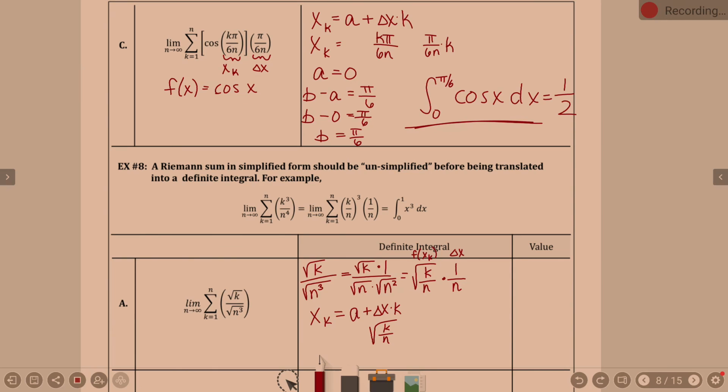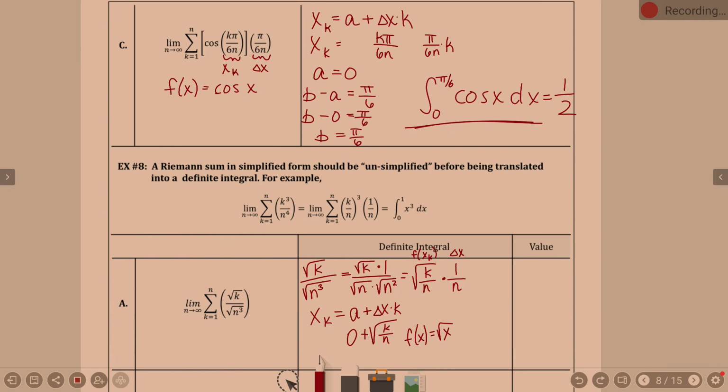A is going to be 0. This is also showing your function by seeing the k over n here. This is showing our function f of x to be the square root of x.